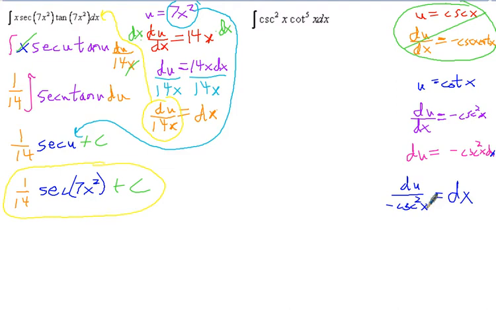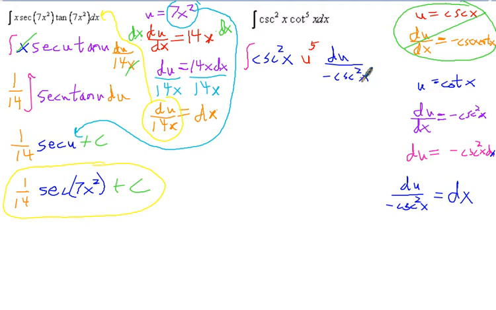squared x. So we can rewrite this integral of the cosecant x squared, and then we say u equal to cotangent, so that's going to be u to the 5th, and dx we just figured out is du over negative cosecant x squared.